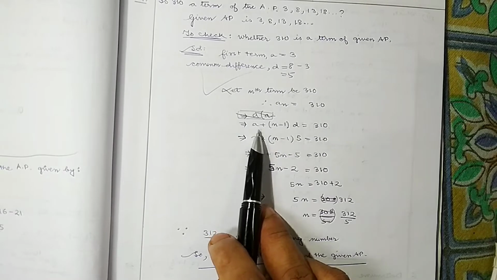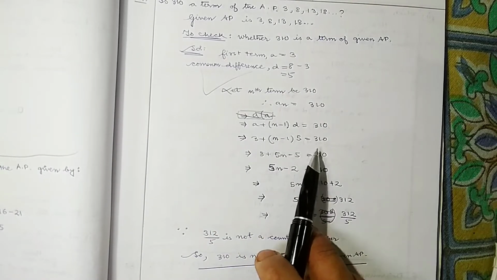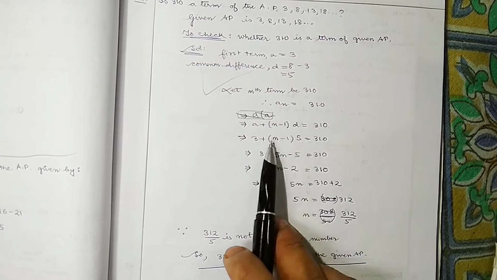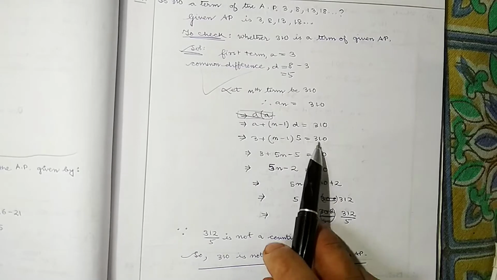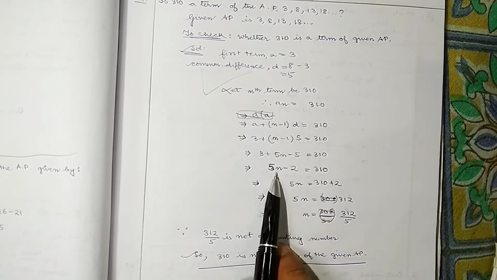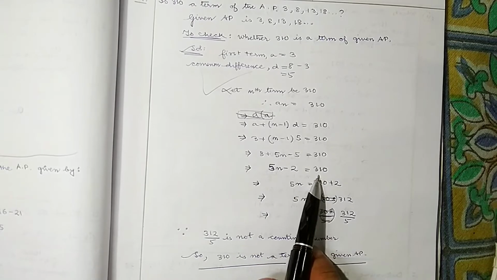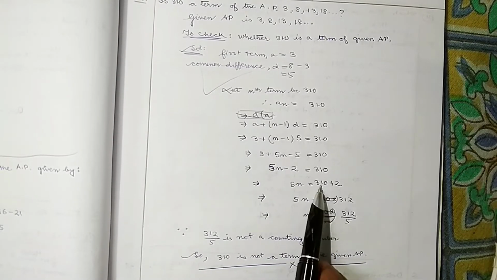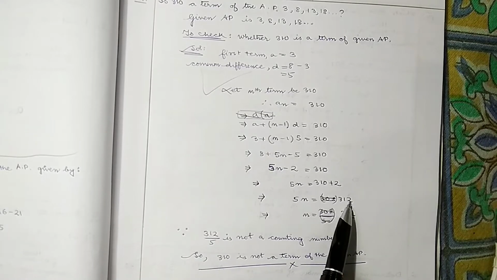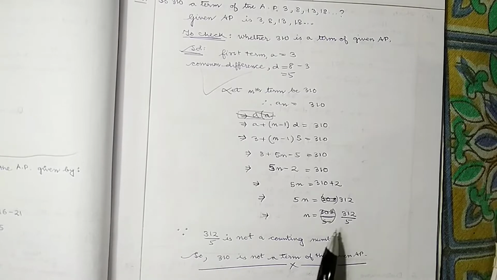So we will replace these values. 3 plus (n minus 1) into 5 is 310. 3 plus 5 into n, 5n, plus minus 5 into 1, minus 5, is 310. 5n, 3 minus 5 will be -2, is 310. 5n will be 310 plus 2. 5n is 312. Therefore, n is 312 by 5.